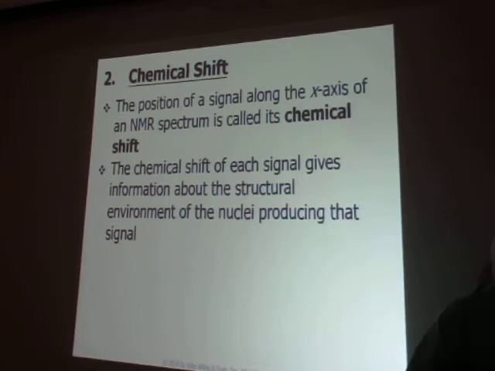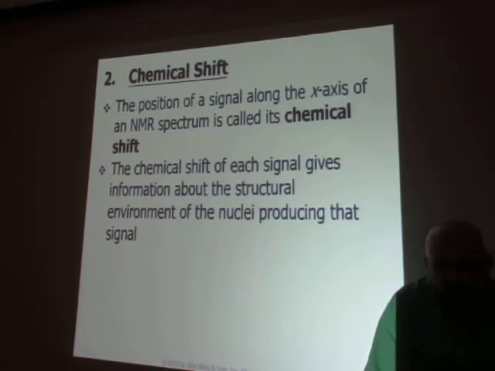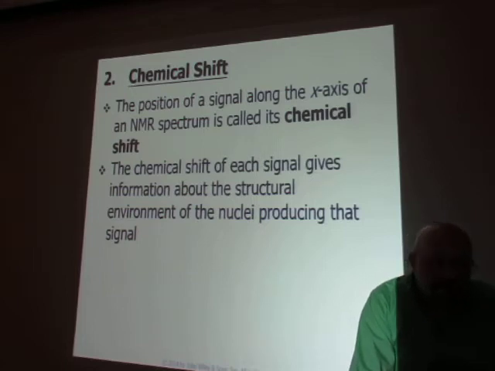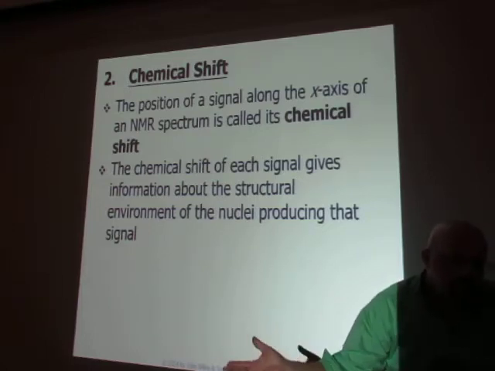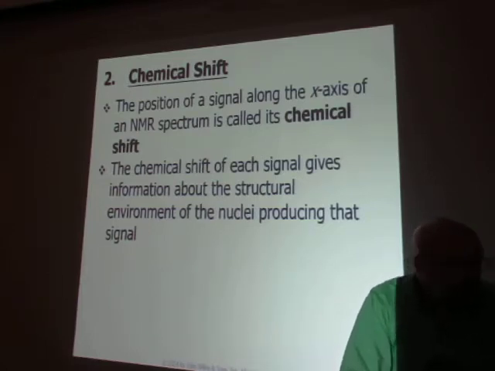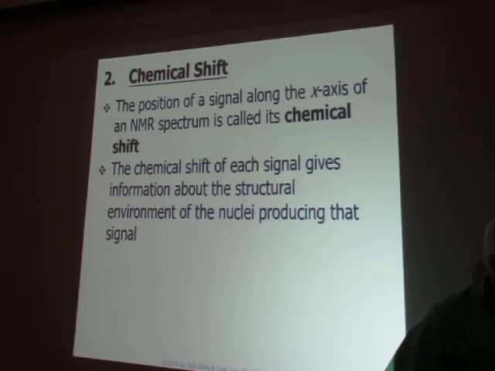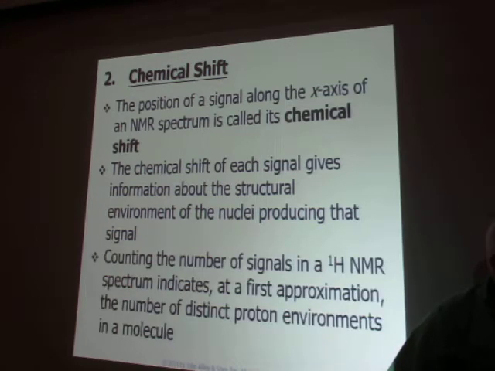The chemical shift, where it comes on the x-axis, is telling you something about the environment that it's in, what's around that hydrogen. Certain things will move that signal one way or the other. So where it comes on the x-axis tells you a little bit about what's around that hydrogen.